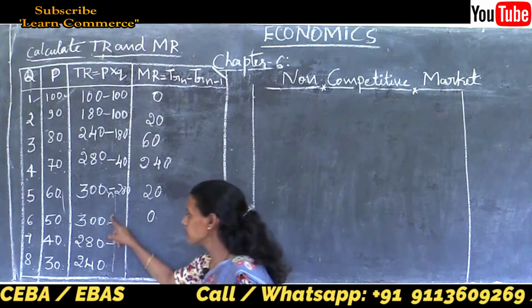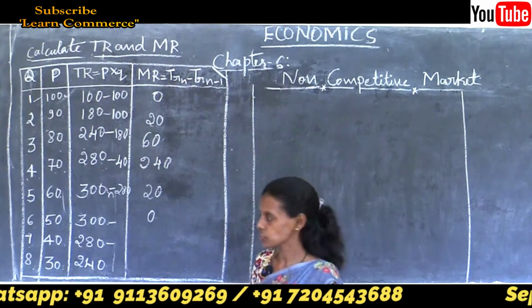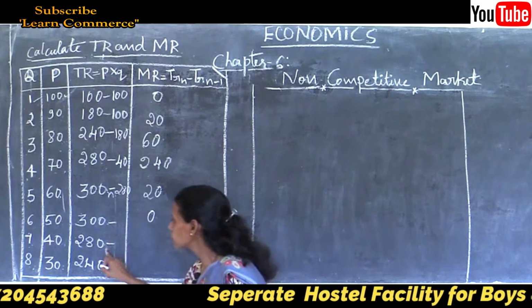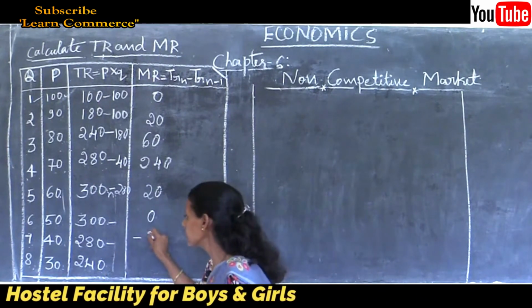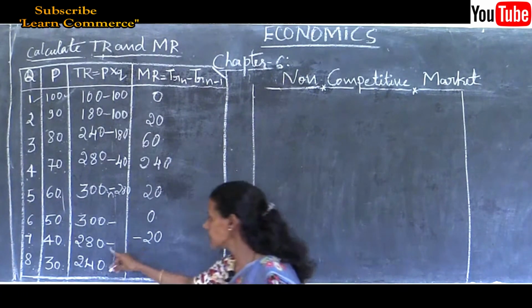Again 280 minus 300. Because here you are going to use the subtraction symbol, since it is a lesser value minus a larger value, the value remains 20 but with a minus sign: minus 20. We should use the minus symbol here.